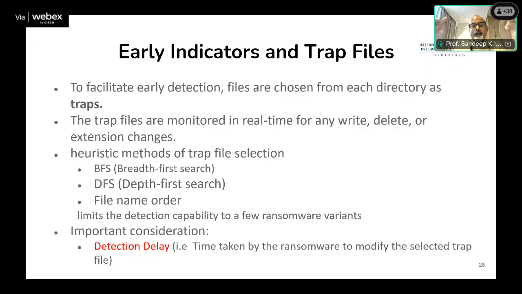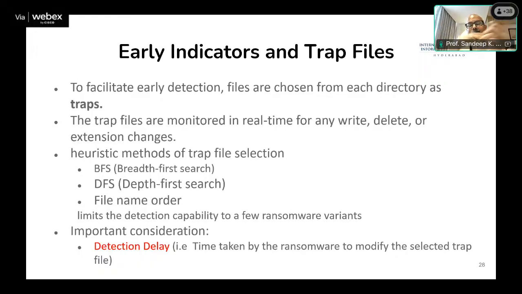Some ransomware do it in breadth first manner, some in depth first manner, some in file name order, that is alphabetic order, either in the reverse direction or the other direction, and so on. Now this means that if it is doing it in a breadth first order, then I need to put my trap file in a way so that in a breadth first order it comes first.